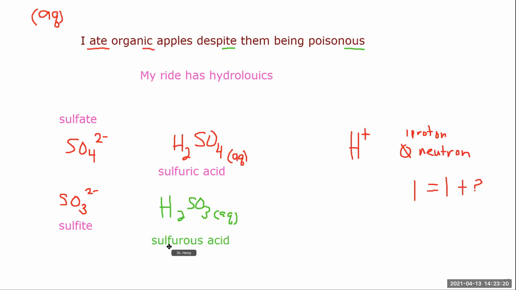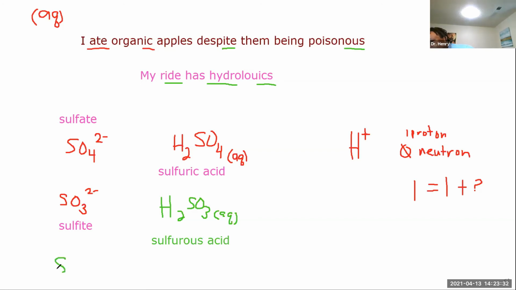Do you guys get that? Yes. Okay, so I have one more: ide. If I have S2 minus, this guy's called what? Sulfur.